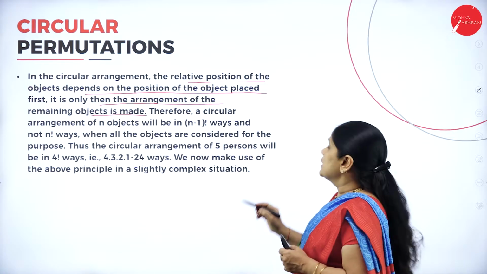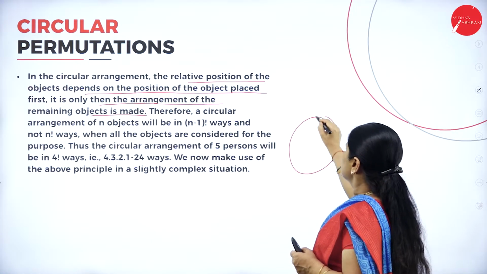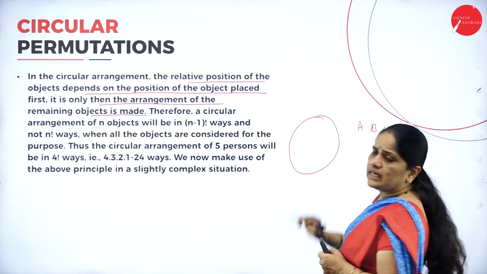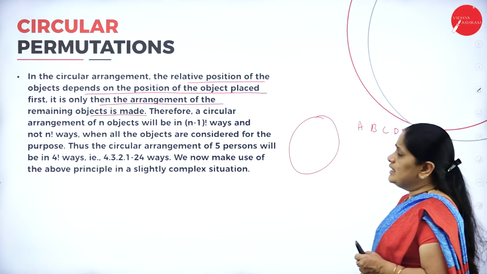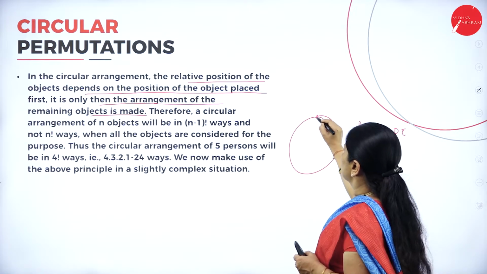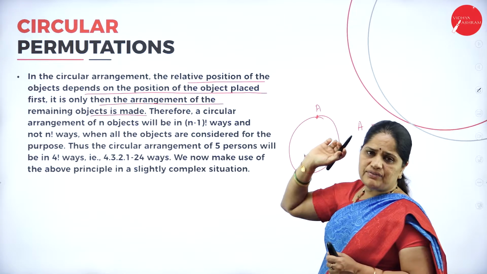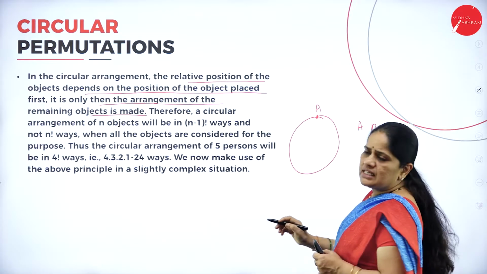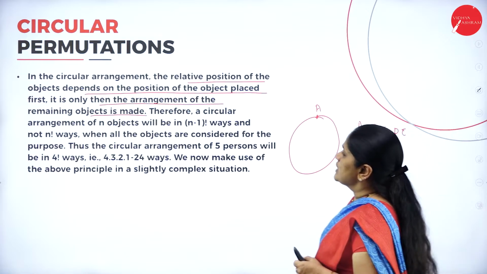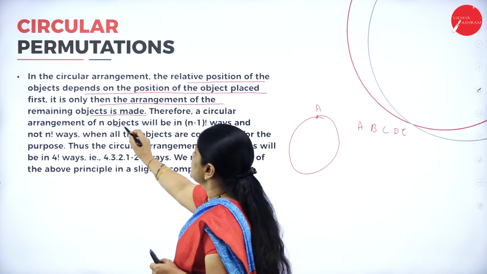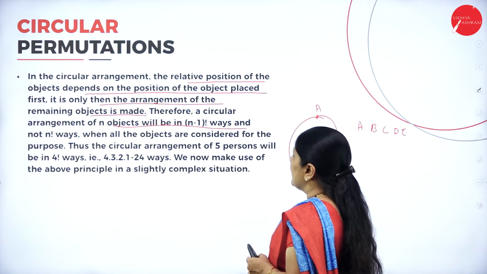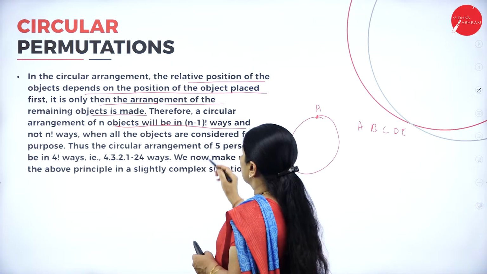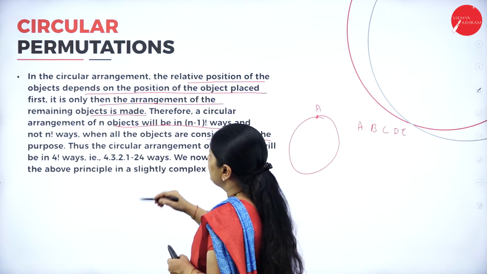Suppose I have to arrange A, B, C, D and E in a circular arrangement, then based on where I place the first object, I will place the different objects. Therefore, a circular arrangement of n objects will be in (n-1) factorial ways and not n ways, when all the objects are considered for the purpose.